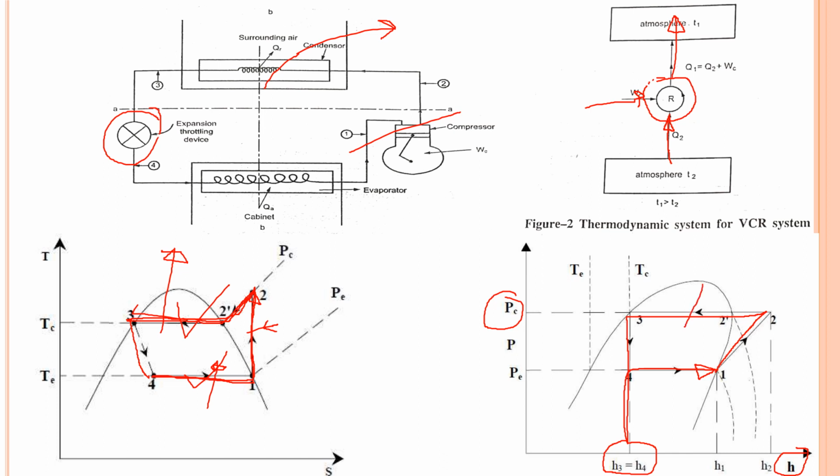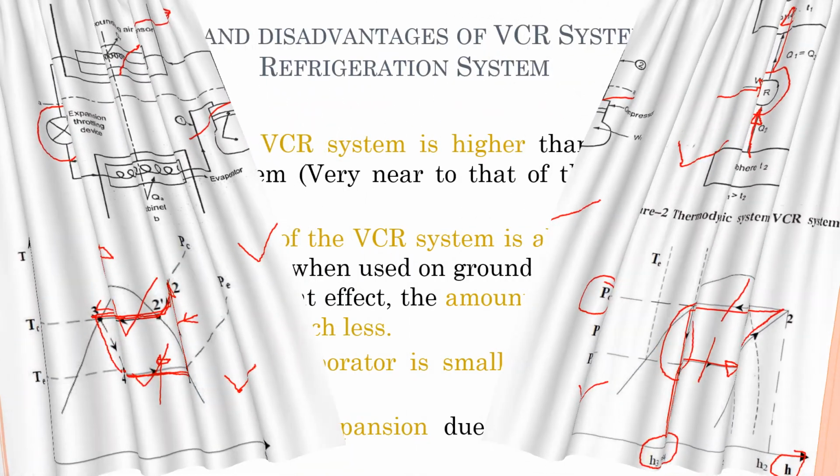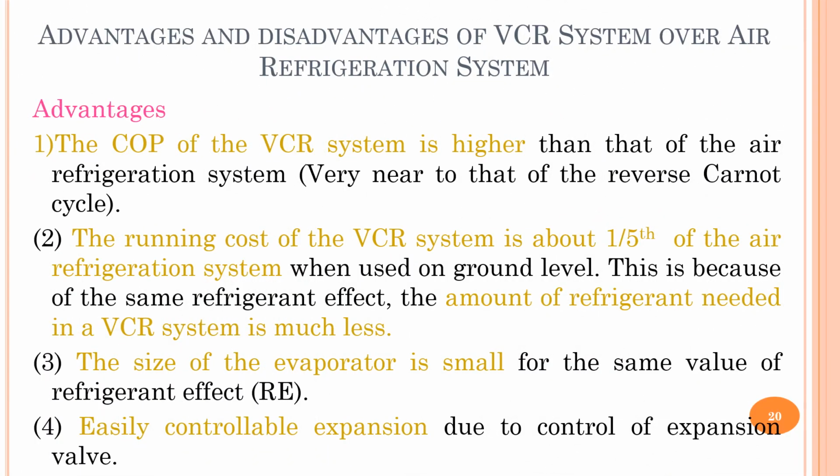So these two are constant pressure processes, and here enthalpy remains the same. So this is about the schematic diagram of the simple VCR cycle and its representation on TS and PH diagrams. This is our simple thermodynamic system for the VCR cycle, and this is the end of the theory related to the simple VCR cycle.